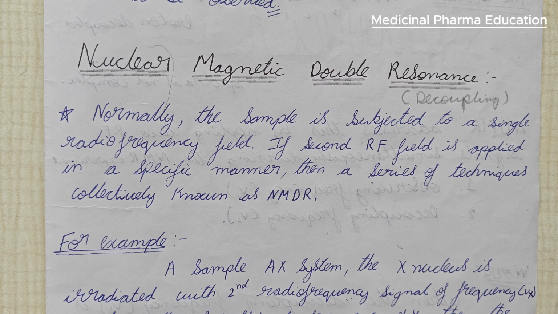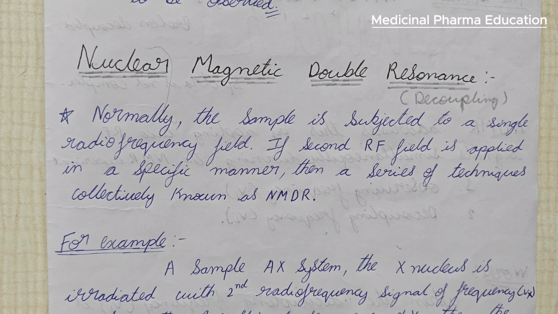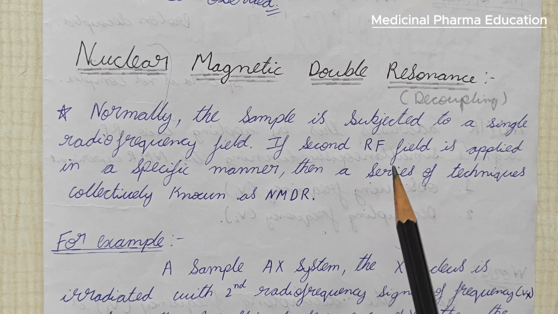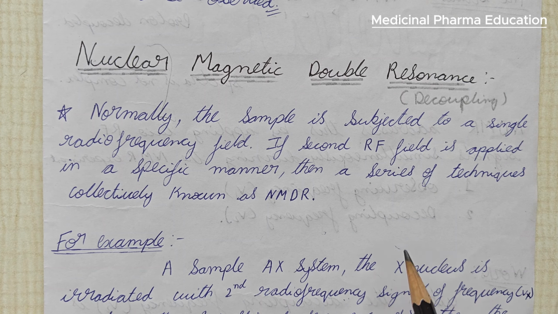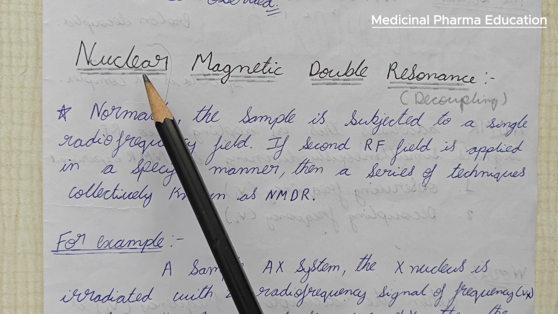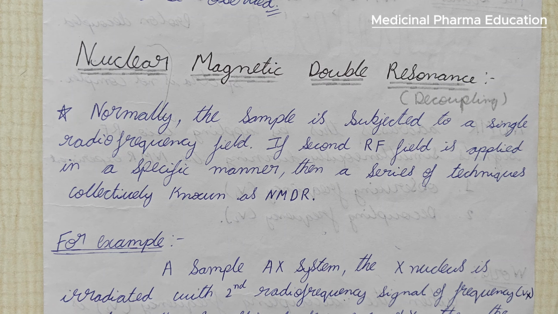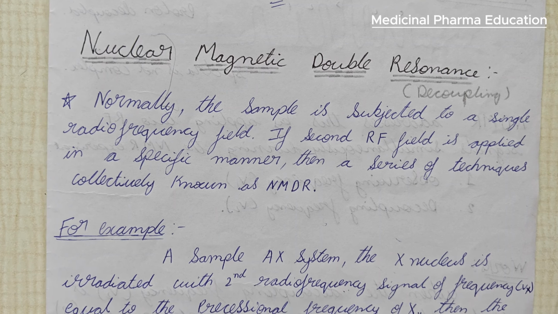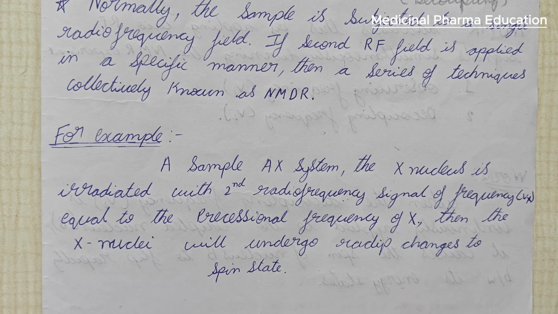If we use a second radio frequency and a series of techniques occurs, it is collectively known as nuclear magnetic double resonance. I hope you are understanding. Here we are using a secondary radio frequency field, so it is called nuclear magnetic double resonance. It's a very simple topic, and I'll make sure that you understand.